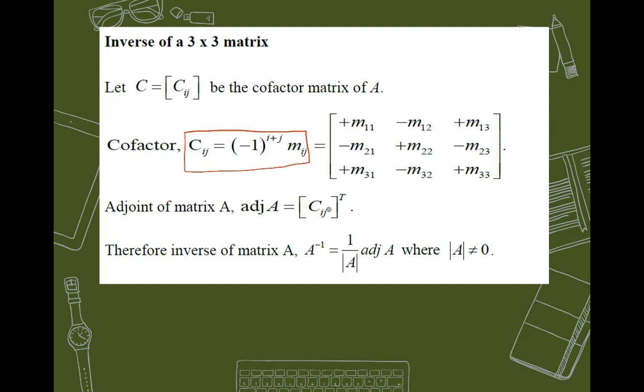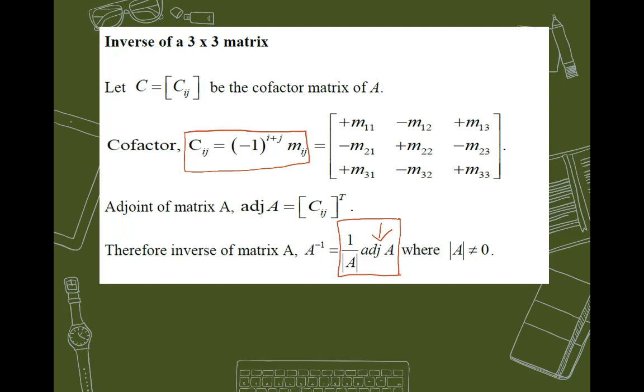Once we find the cofactor of matrix A, if we transpose the cofactor, we actually will be getting the adjoint. Once we get the adjoint, to find A inverse, we are going to use the same formula as for the 2 times 2 matrix, which is 1 over determinant A multiplied by adjoint A.